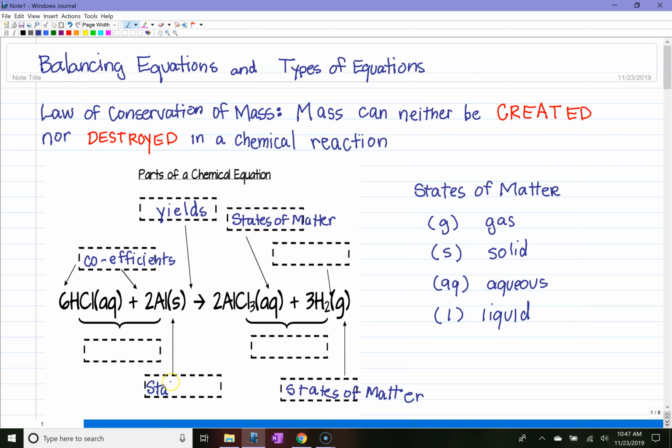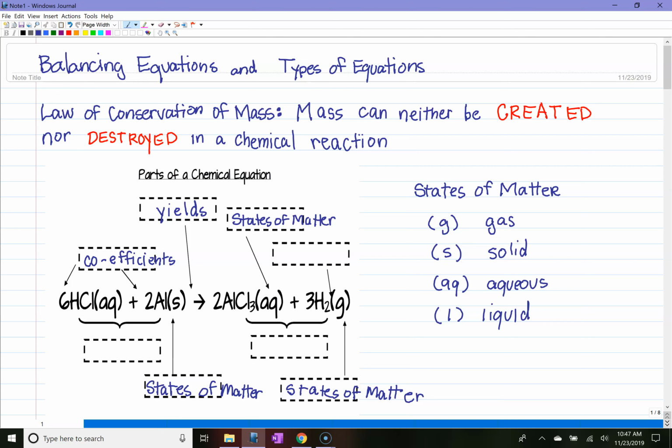There are 4 different states of matter that we commonly see in a chemical reaction. The first being a gas. The next one is a solid. The third one is aqueous, AQ. And what aqueous means is that that particular chemical is dissolved in water.